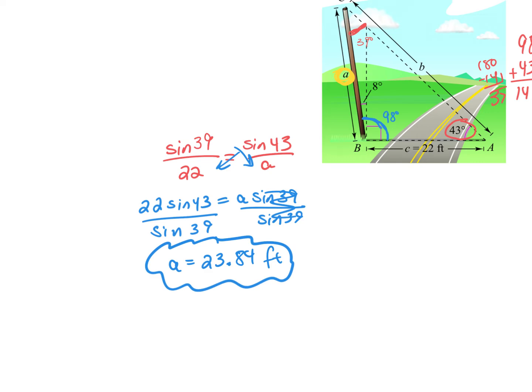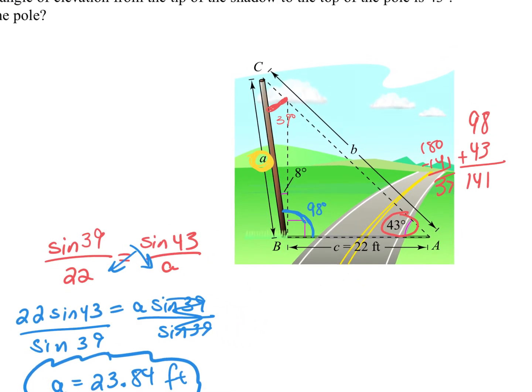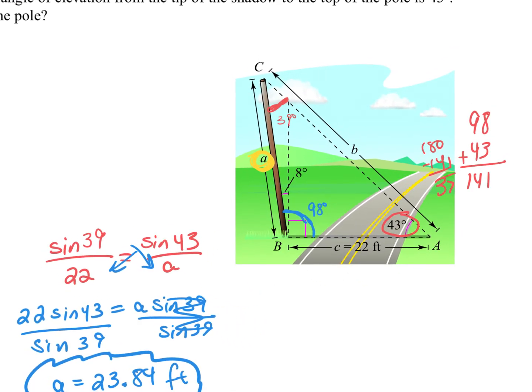Good job. 180. There are 180 degrees in a whole triangle, right, Kaylee? So in order to use the law of sines, we need to have a side length and its corresponding angle. Before we did this, I knew that angle B was 98, but I don't know how long side B is. I knew that angle A was 43 degrees, but I didn't know how long side A was.